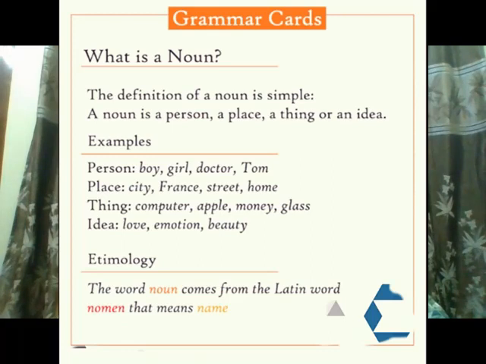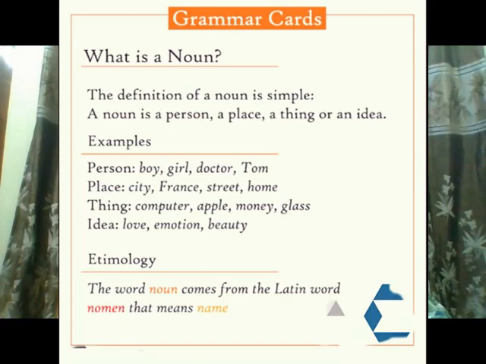And for animals, cow, horse, butterfly, snake, pigeon. Then idea, it is also the name of an idea, concept, and feeling. So examples can be like love, emotion, beauty, kindness, youth, fear, fun, and many more.